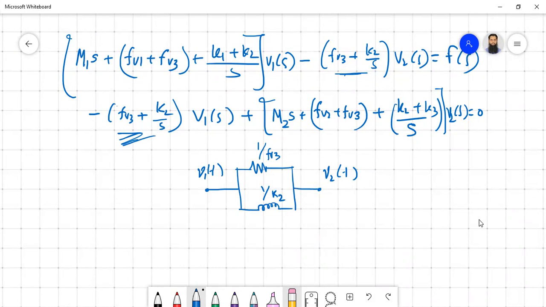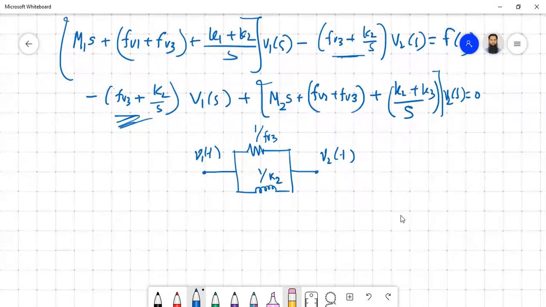Some parameters are dedicated only to node 1. The ones dedicated to node 1 are M1, fv1, and K1, as well as the current source.